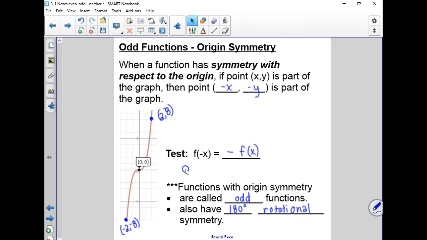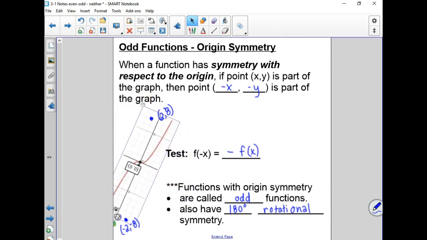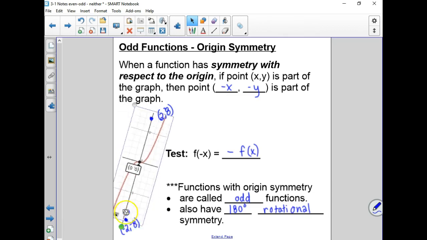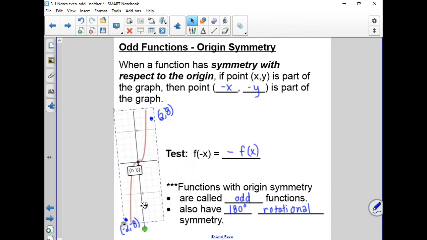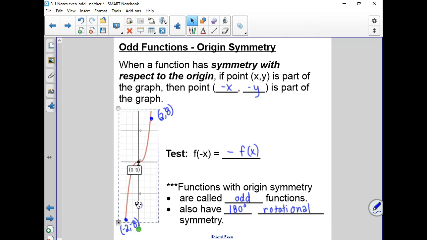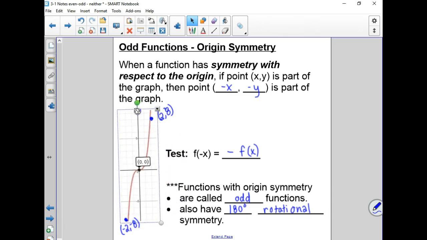So you'll see here in this picture that if I take this graph, if I rotate it 180 degrees in either direction, the graph looks the same. So origin symmetry is really the same as 180 degree rotational symmetry, which is a little easier to picture.